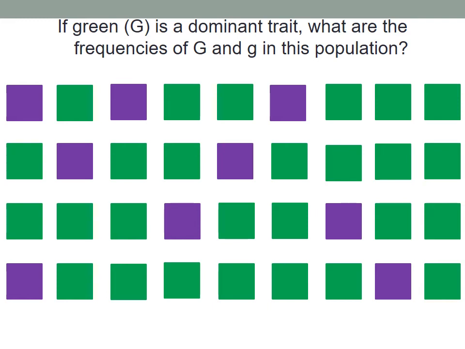I want you to count how many squares total there are. Hopefully your number is 36. There are 36 total squares. Now I want you to count how many purple squares there are.